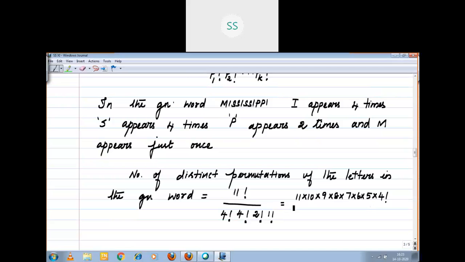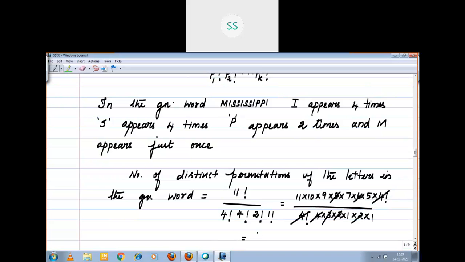Now, which is equal to 11 into 10, 9, 8, 7, 6, 5, 4 factorial divided by 4 factorial. Then 4 factorial, you write it in reverse, 4 into 3 into 2 into 1 into 2 into 1.